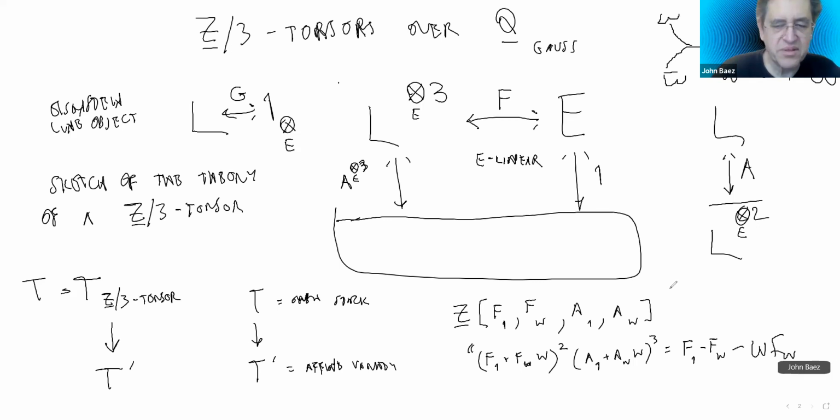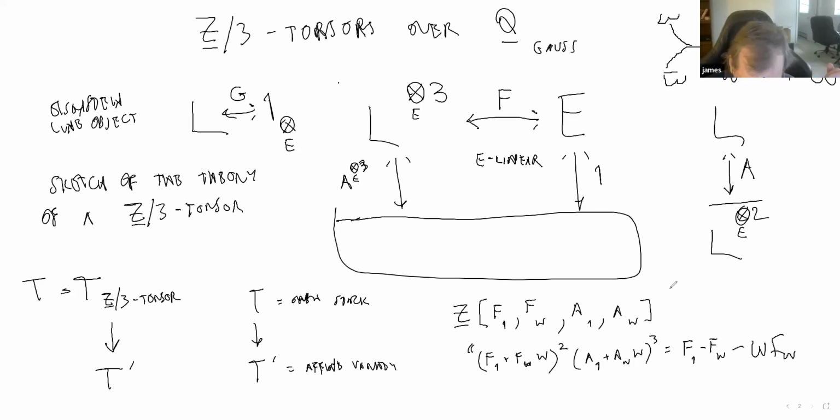I think that's what I would do. And I'm putting that thing in quotation marks because you have to expand that out in terms of the formal properties of W. W is just appearing here in a formal way. It's not really one of the variables or anything like that.